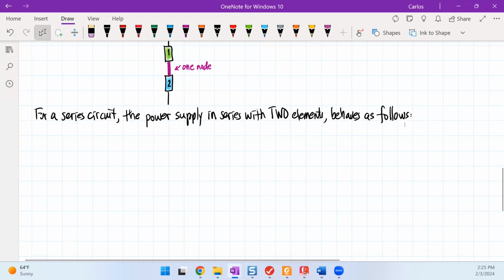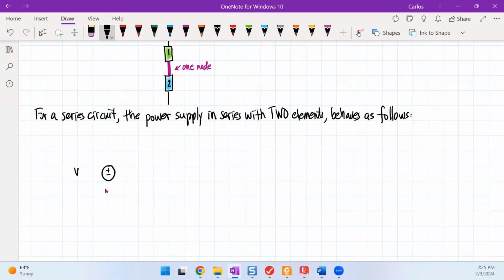So let's just give a number to the voltage source. So what I'm going to say here is that I have a voltage source, and this voltage source, we're going to say is equal to 10 volts.